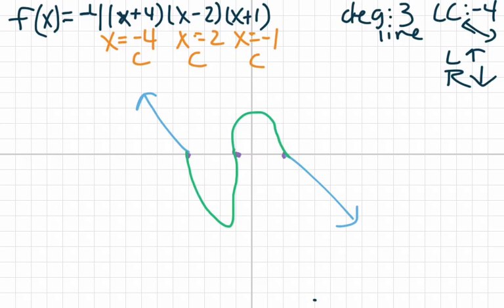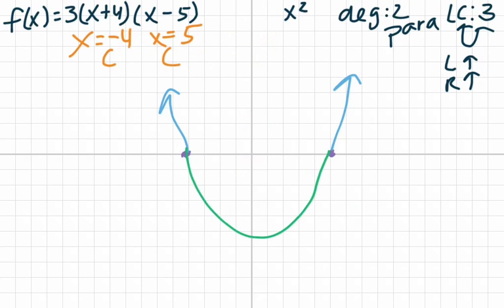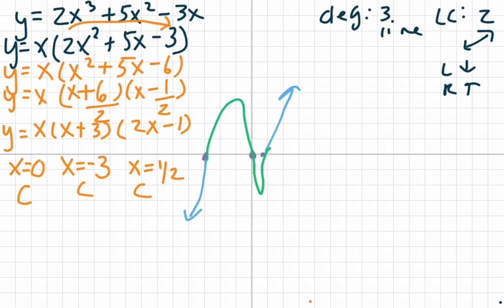So each of those examples, I know that's kind of like an intense lesson, but each of the examples does look at something a little bit different. This one is a third degree polynomial where it's already factored, which definitely makes it nicer. This one here is an even degree polynomial, and it's already factored, so that was actually pretty quick to do. You could also graph that by multiplying it together and finding the vertex and the y-intercept and stuff, so we actually have some other ways of graphing that.